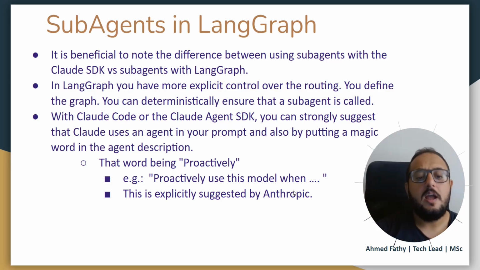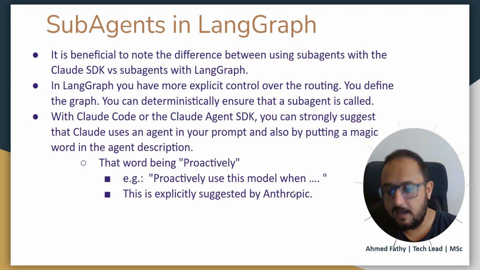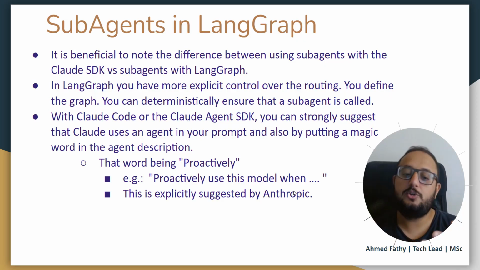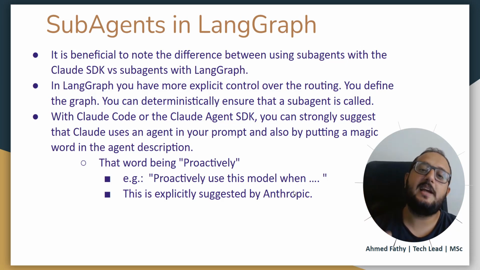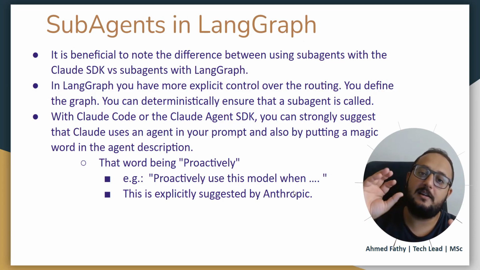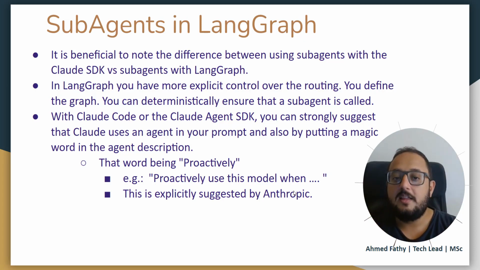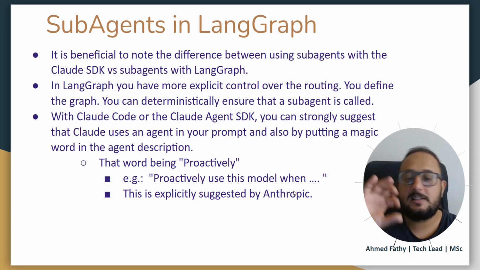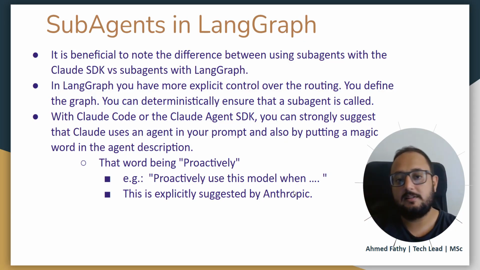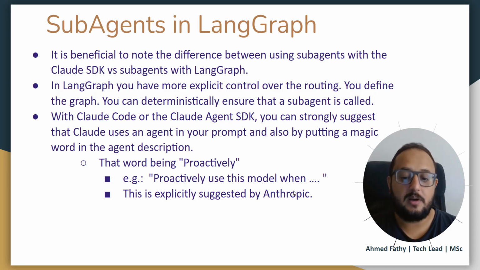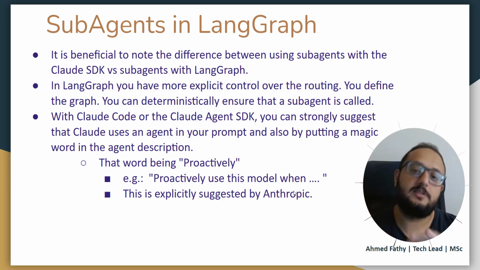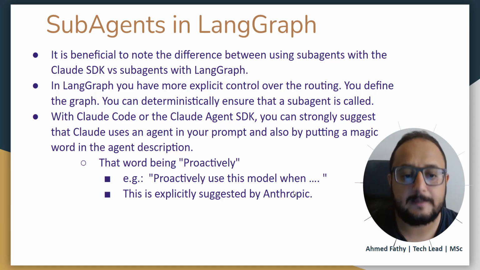With Claude Code or the Claude Agent SDK, you can strongly suggest that Claude uses an agent in your prompt, and also by putting a magic word in the agent description. That word is proactively. This is explicitly written in the documentation by Anthropic: if you write proactively use this agent when something, this gives a strong hint to the system to use this agent or this model. This is explicitly suggested by Anthropic.